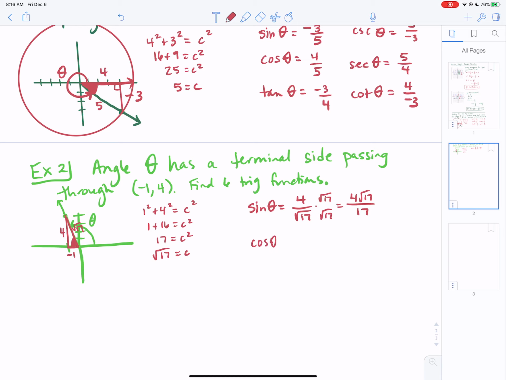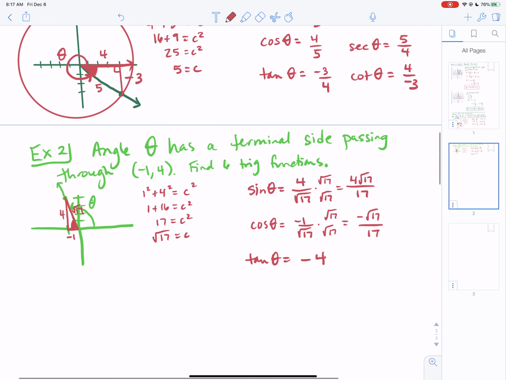Cosine, adjacent over hypotenuse. So same thing. So we get negative root 17 over 17. Tangent, opposite over adjacent is just -4.